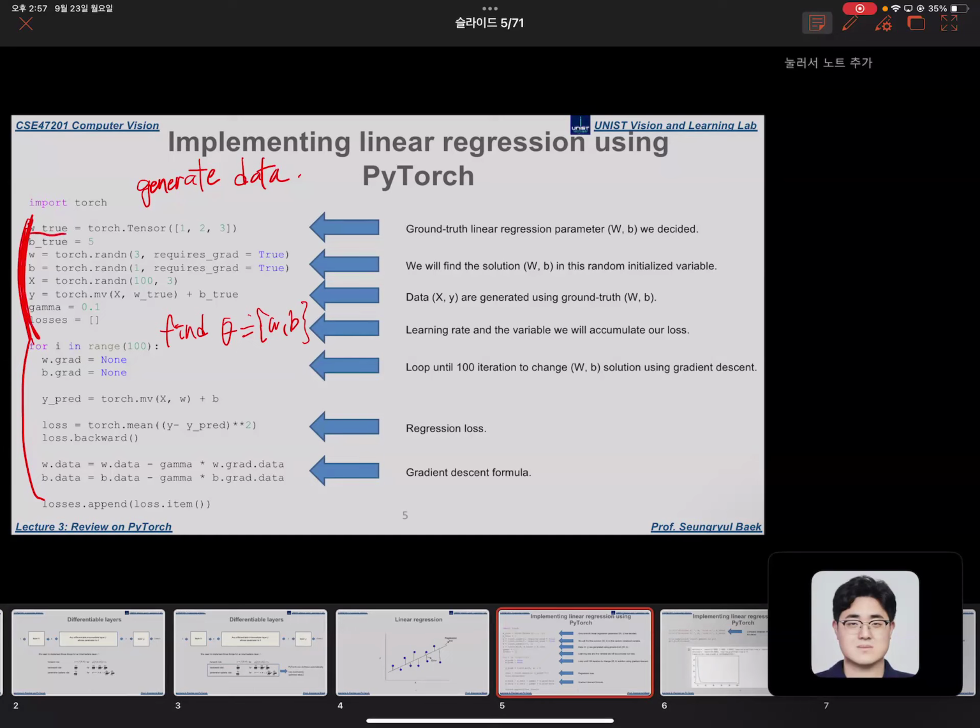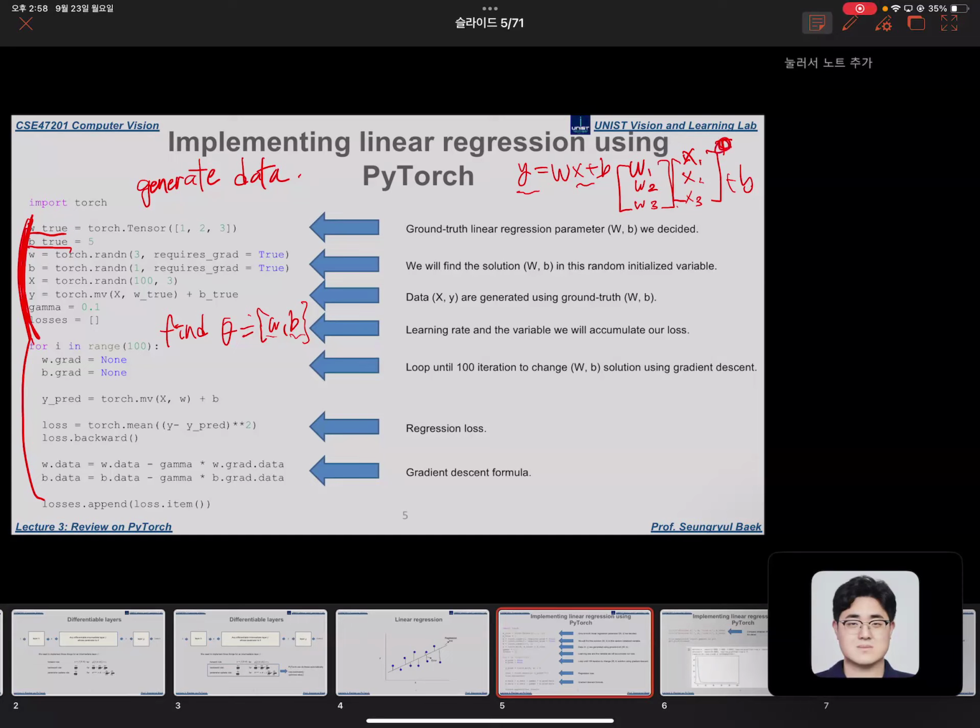This W true and B true are the true W and true B values. In this case, this is not a constant. This is a vector in our case, and it actually looks like this.